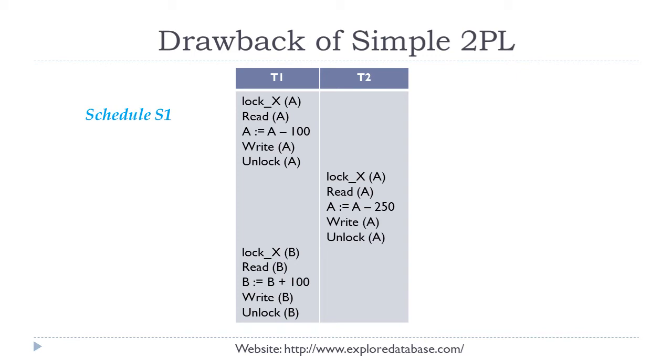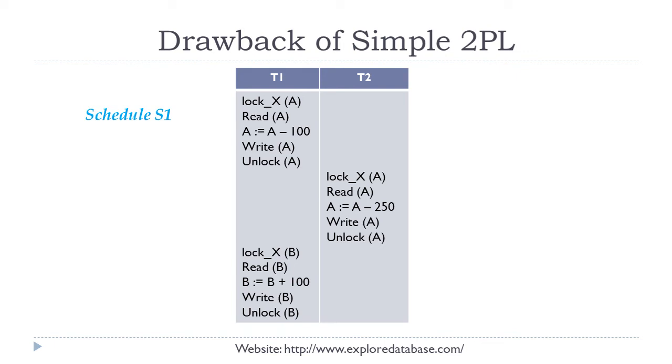We are going to release the lock on A and that will be immediately consumed by T2, which is waiting for an exclusive lock on A. Now you see this schedule, T2 only works with A, but T1 works with A as well as B. For some reason, if T1 wants to roll back, then it rolls back the value of A as well, to the old value.